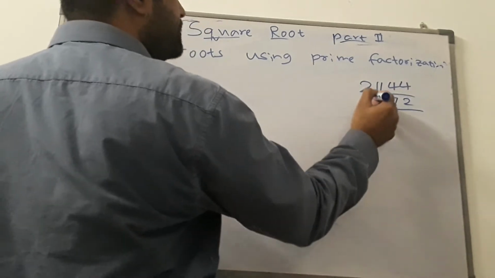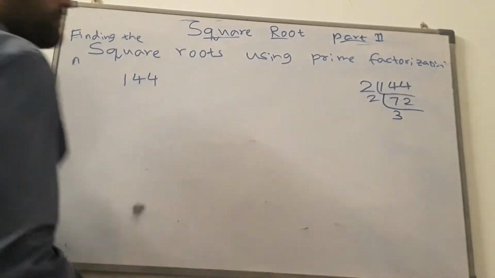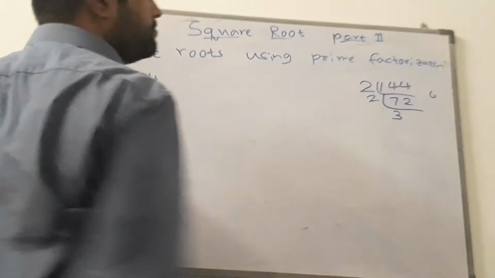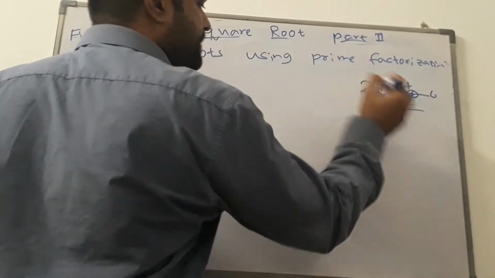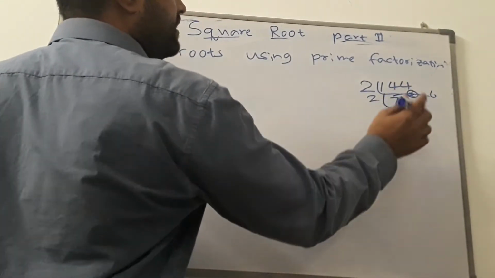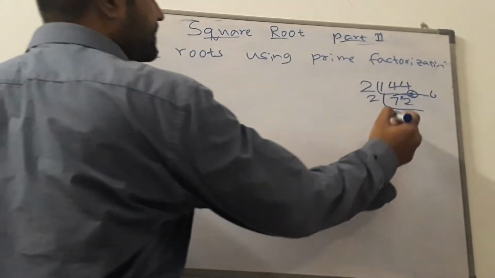Again we can divide this by 2. So if we divide 72 by 2, we get 36.